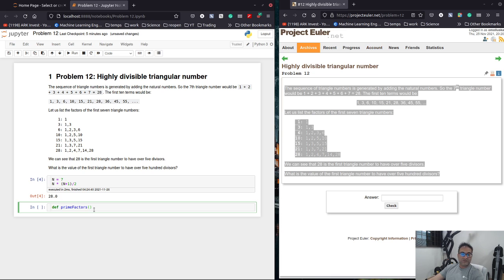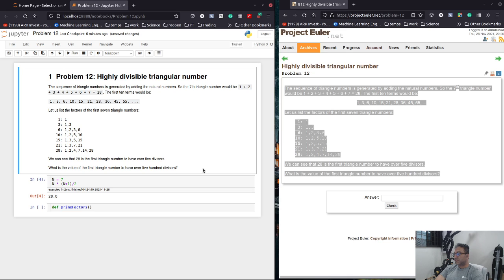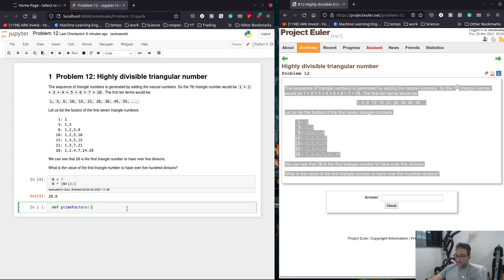Which basically means that if we can find the prime factors, then we can figure out the number of divisors based on the prime factors. So let's try to find the prime numbers. First 500 prime numbers.